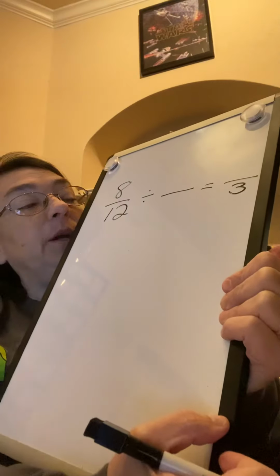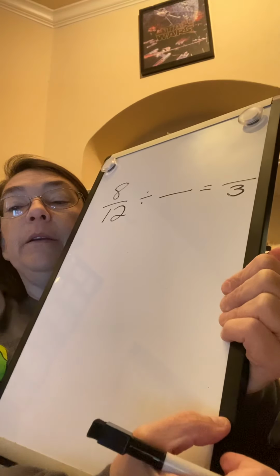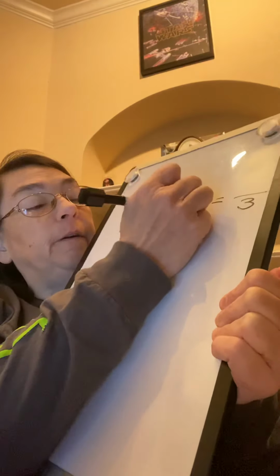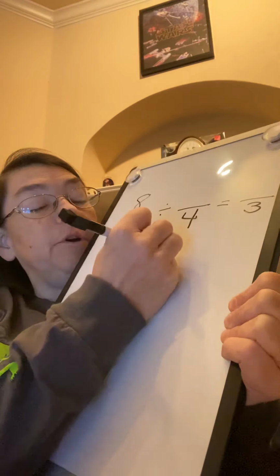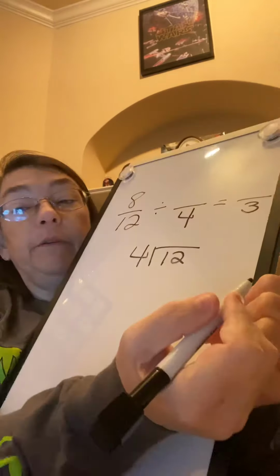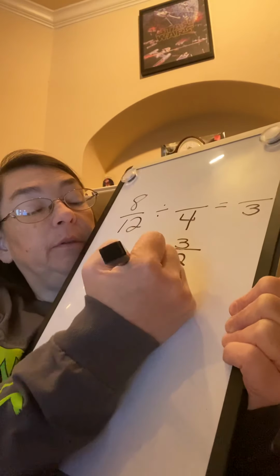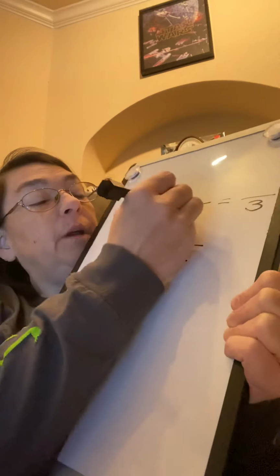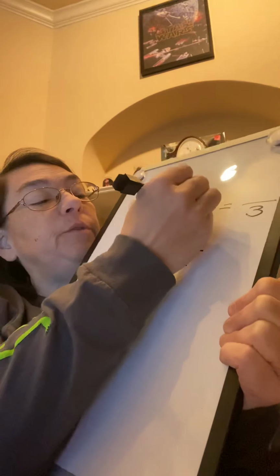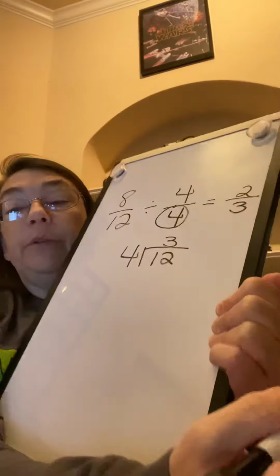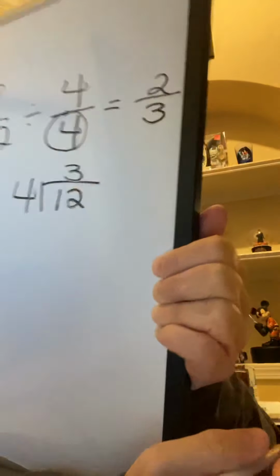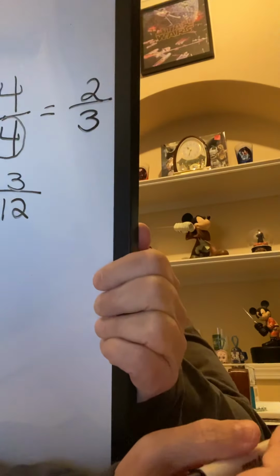Twelve divided by what number gives me 3? 4. So that's like saying 4 into 12. It goes in 3 times. Whatever I do here, I have to do here. So 4 goes into 8 2 times. It's just like the one we just did. Yeah, except you're dividing now.